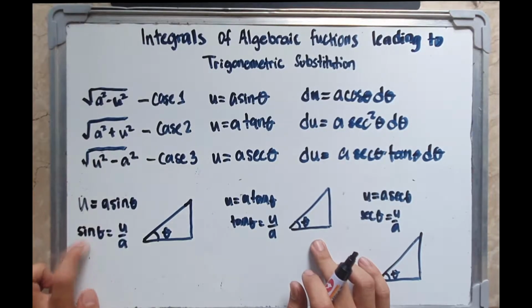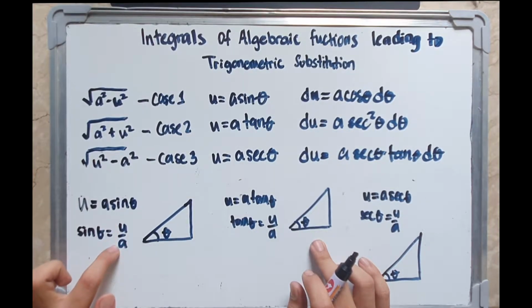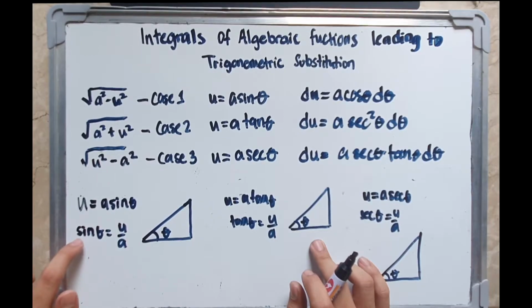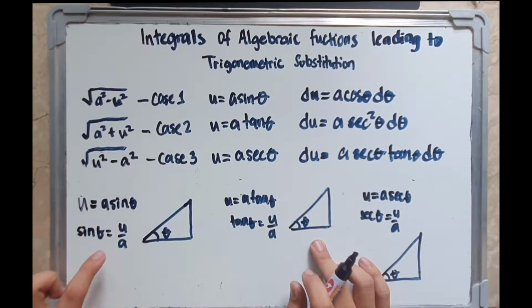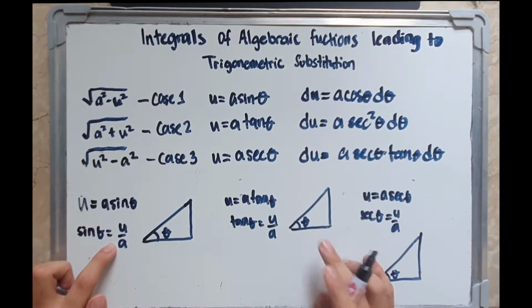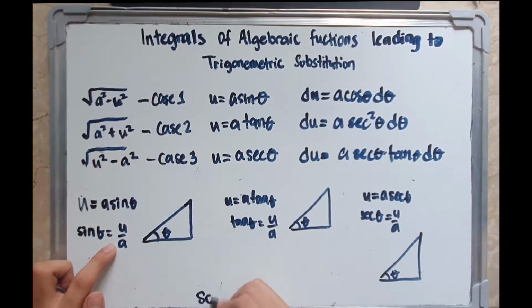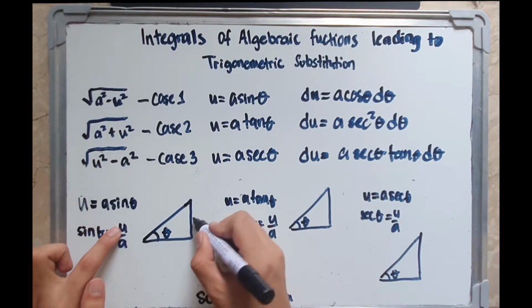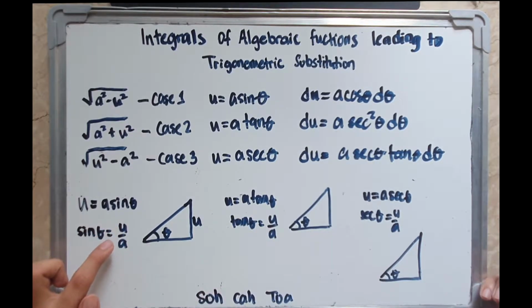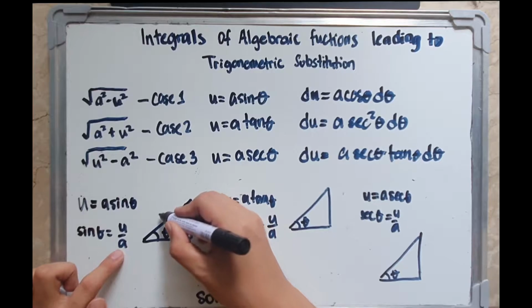When referring to sine theta, this u over a represents what? Sine is opposite over hypotenuse from the SOHCAHTOA. So for this sine theta, the u is opposite, and then the hypotenuse is a.